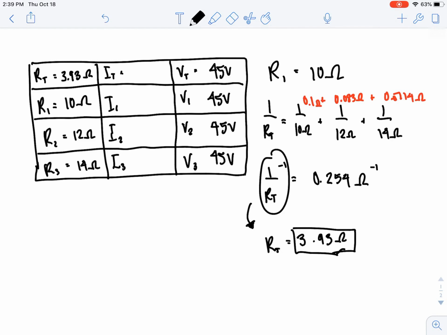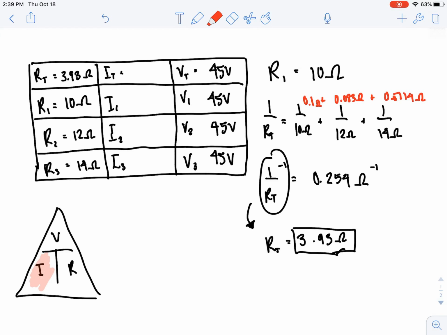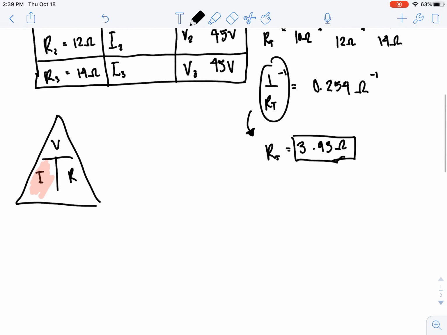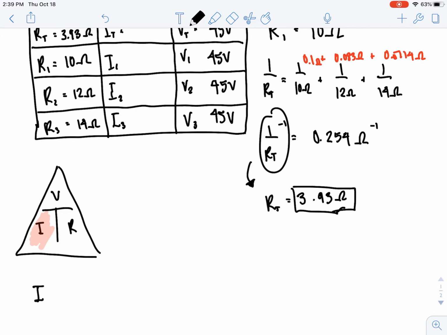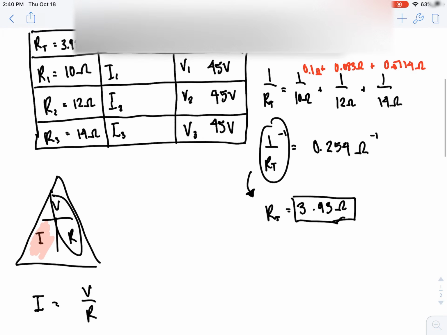Now to find current, I essentially just have to do the same thing with V is equal to IR. So V, I, R, and I'm trying to look for current, so I like to cover it with a highlighter. Let's say I cover it, and I see that to find current, what I have to do is divide voltage by resistance. So I do that for each one of these.